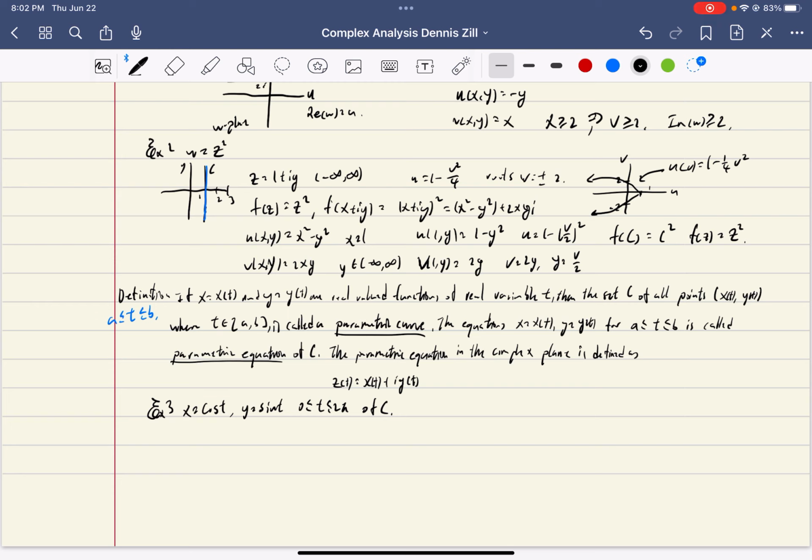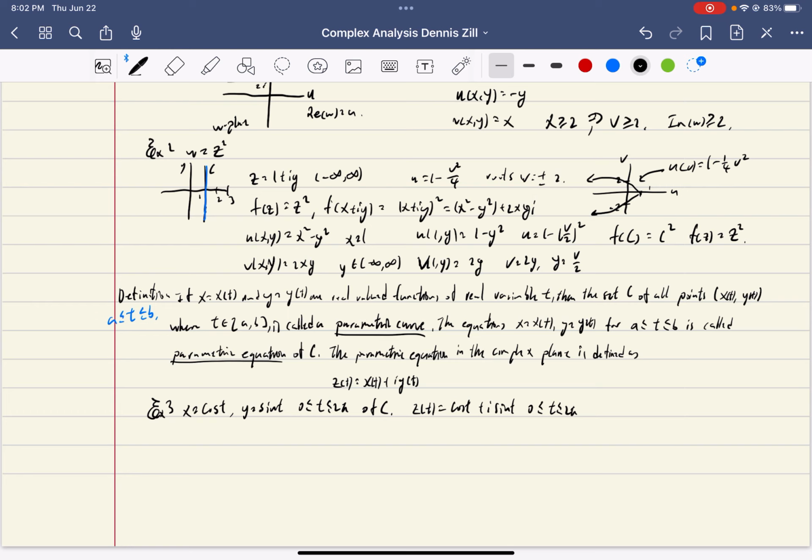Then the set of points z of t is equal to cosine t plus i sine of t, and equivalently, t is also 0 to 2 pi, and describes the curve C in the complex plane.